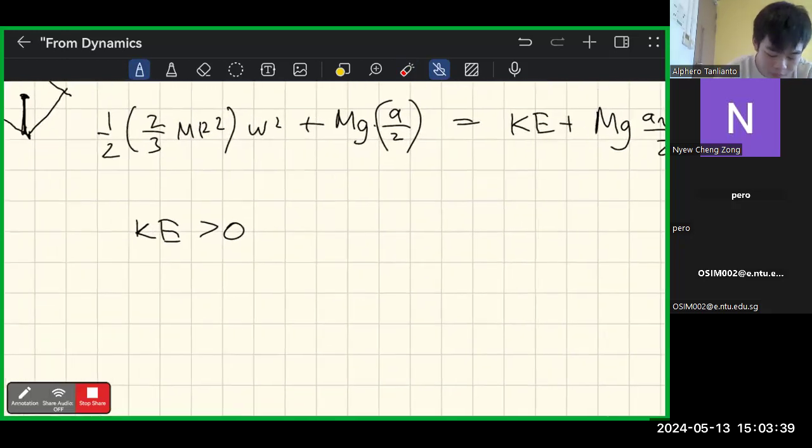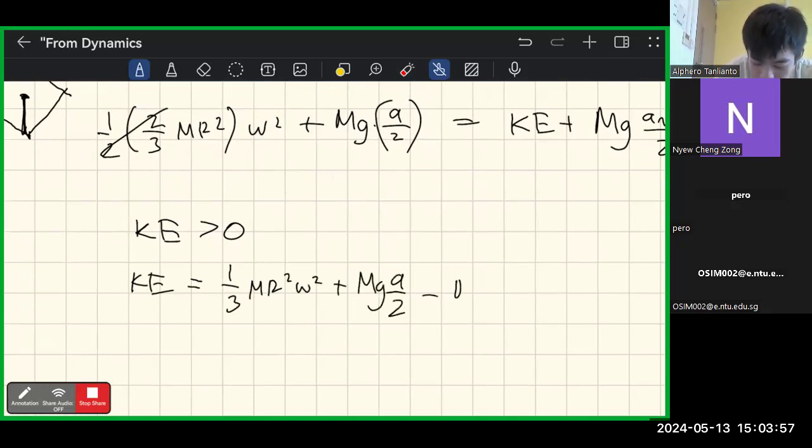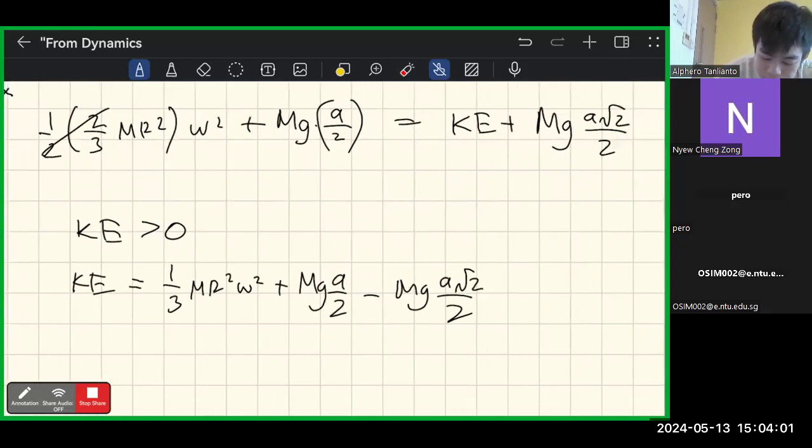So the KE equals, we just continue, 1/3 mr squared. This is 1/3 mr squared, right? Because 2 cancels out. Omega squared added by mg a over 2 negative mg a square root of 2 over 2. We just move this to the side, right?